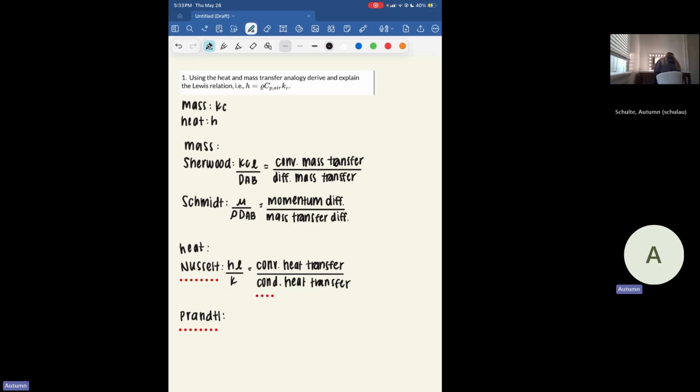And the Prandtl number is the heat capacity multiplied by the viscosity divided by the thermal conductivity. And this is equal to momentum diffusivity divided by thermal diffusivity.